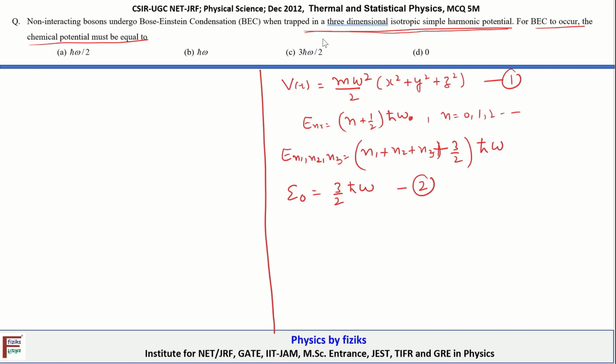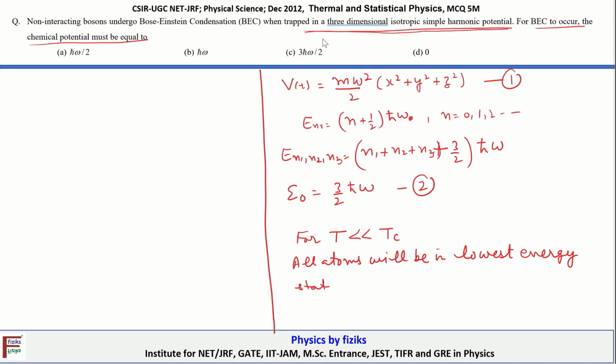If we recall what we have learned while going through the Bose-Einstein condensation, for temperature much smaller than the critical temperature, all atoms will be in the lowest energy state, whose occupancy is given by the bosonic distribution function.